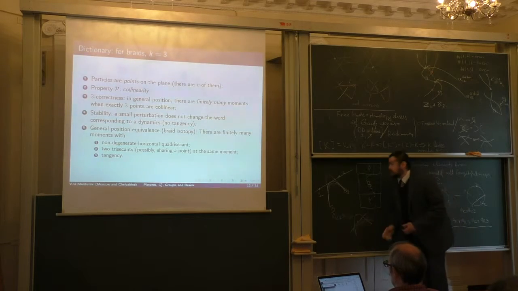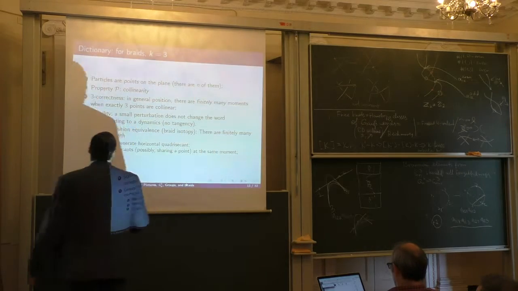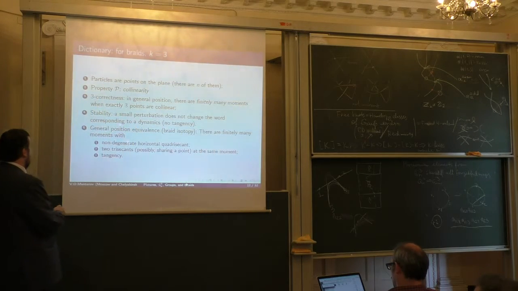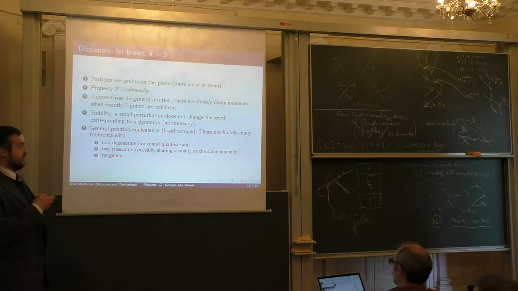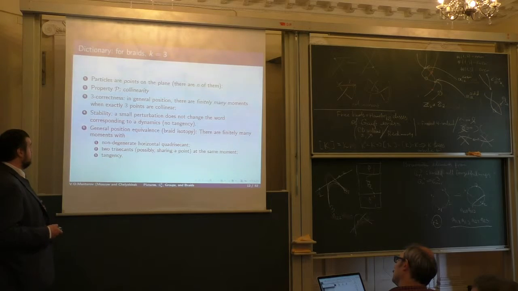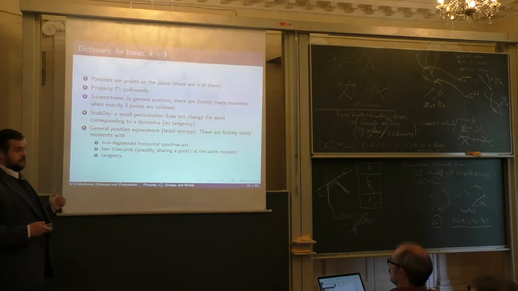And actually also general position braid isotopy means that there are finitely many moments with non-degenerate horizontal quadrisecants or 2 trisecants which happen at the same moment, or a tangency point. So here it's the general position.